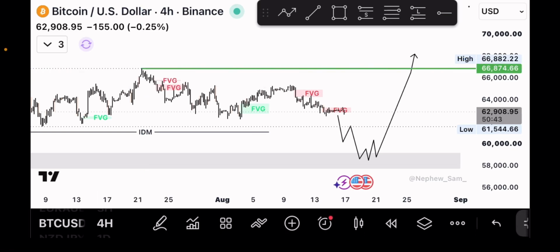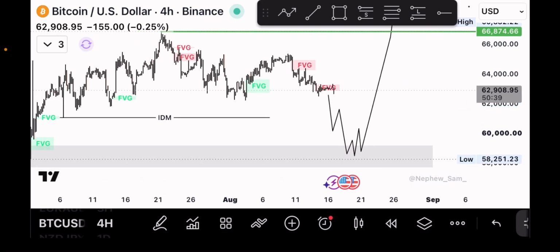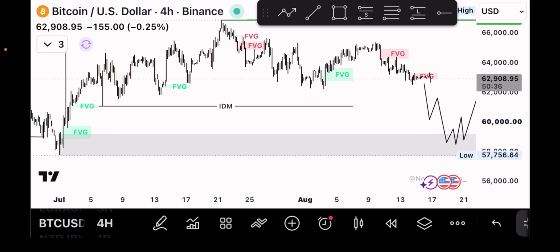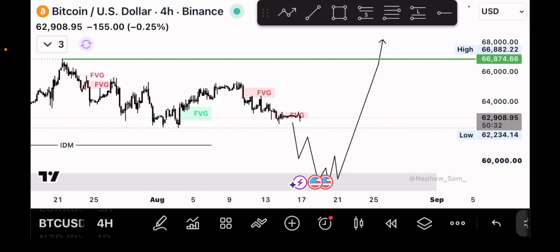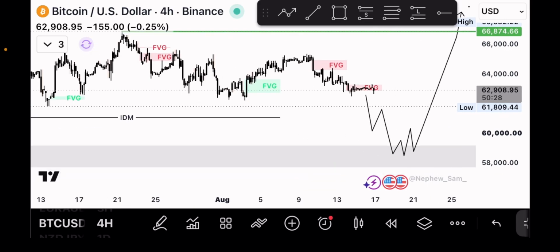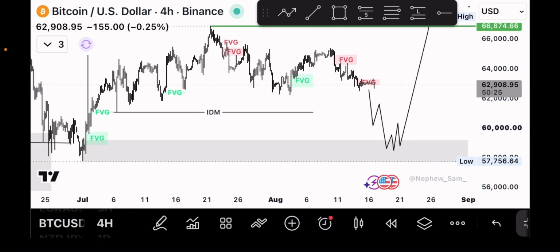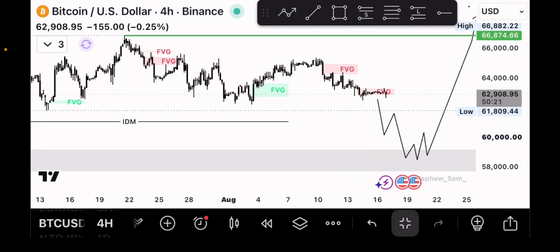So map it out. That is going to be our draw on liquidity. So all you have to do now is to wait for price to get into your level.